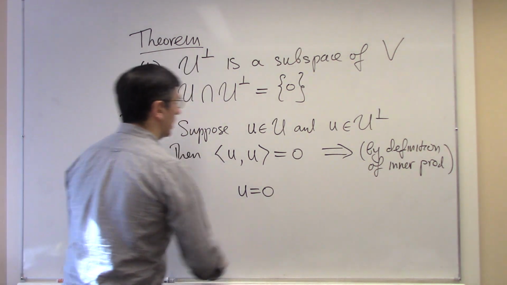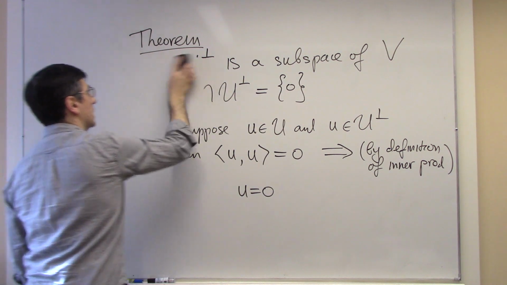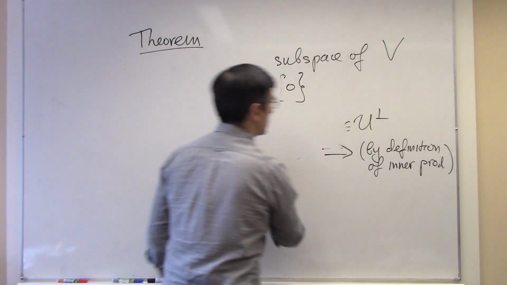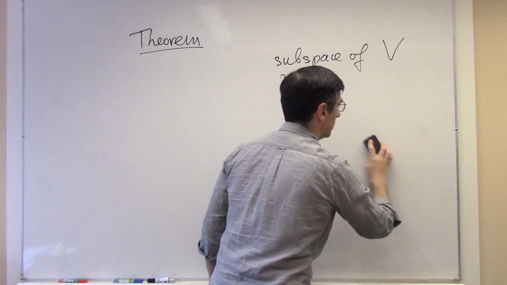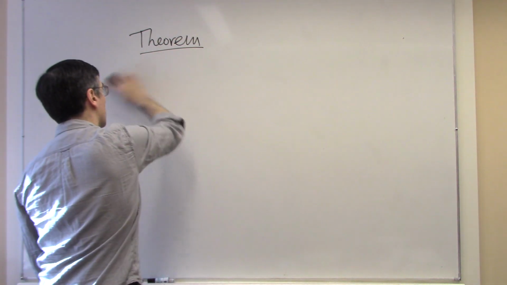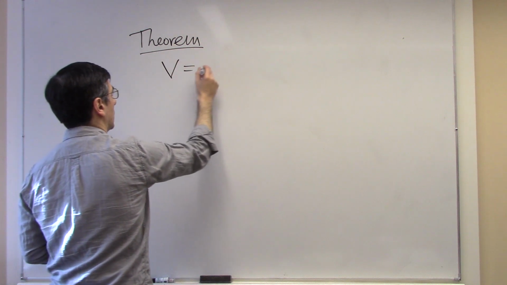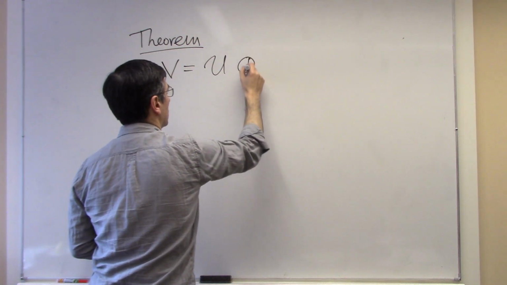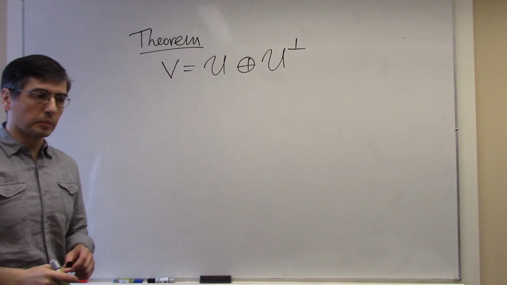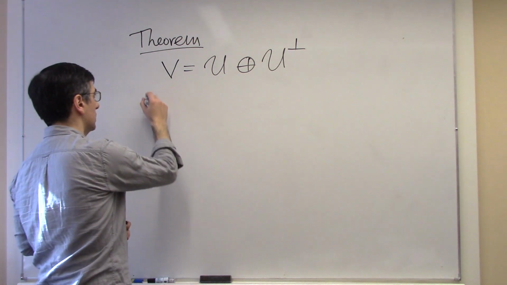Alright, so now let me erase this theorem and state the next important theorem, which tells you that V is actually a direct sum of this U and its orthogonal complement. So remember what direct sum means.